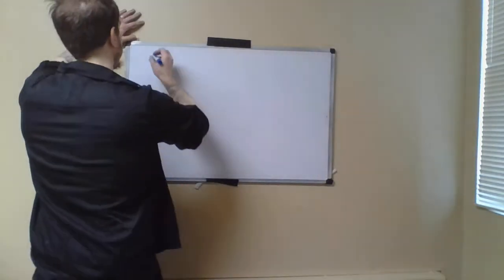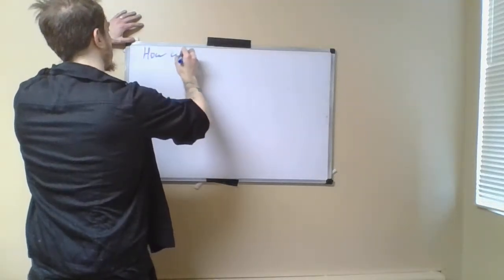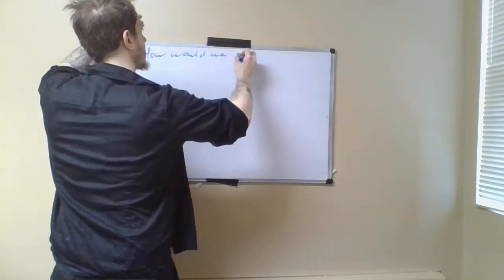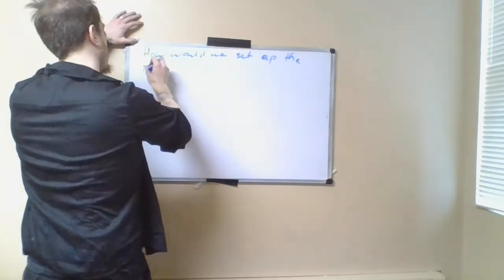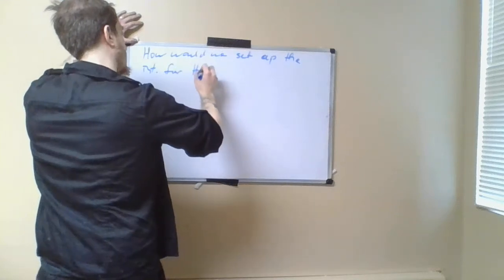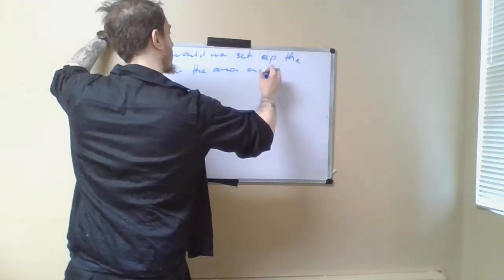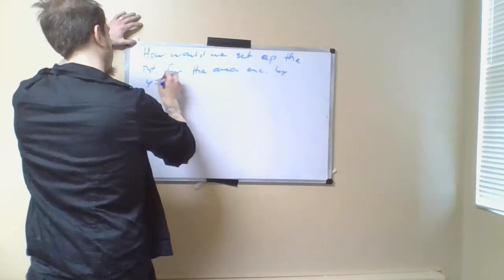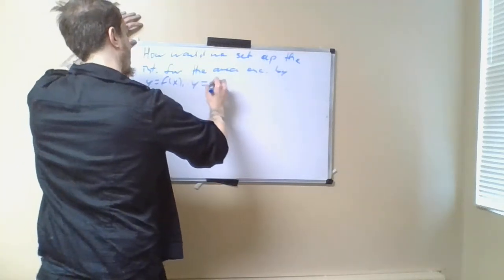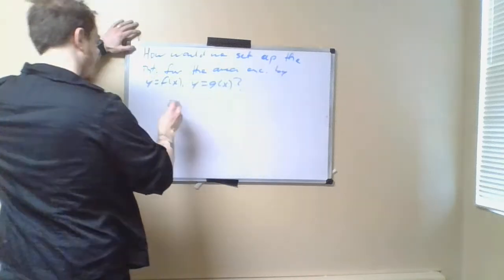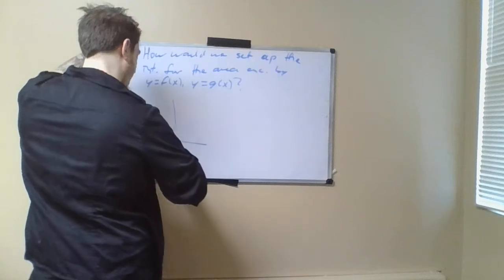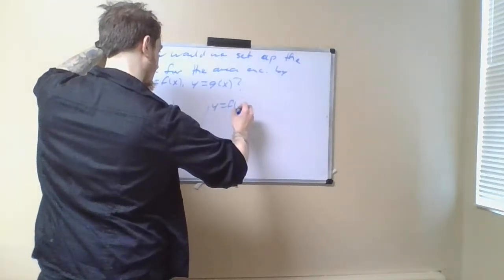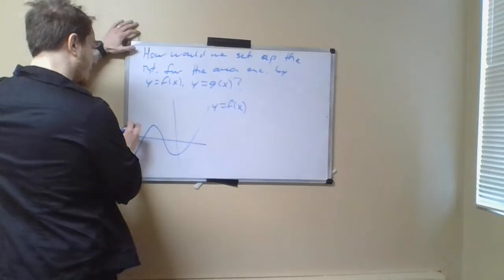So let me just illustrate the setup in a particular problem. How would we set up the integral for the area enclosed by y equals f of x and y equals g of x if this is the picture that we have? So let's say that this is my f of x and this is my g of x.